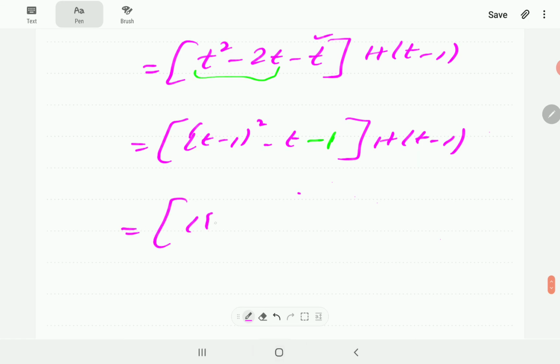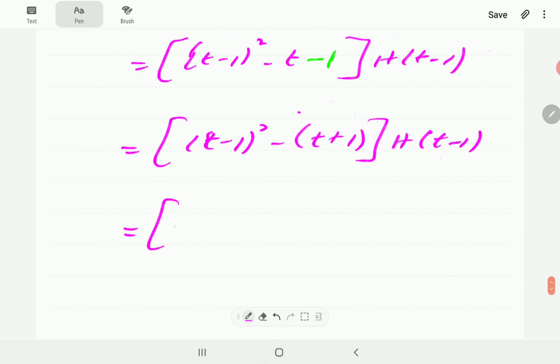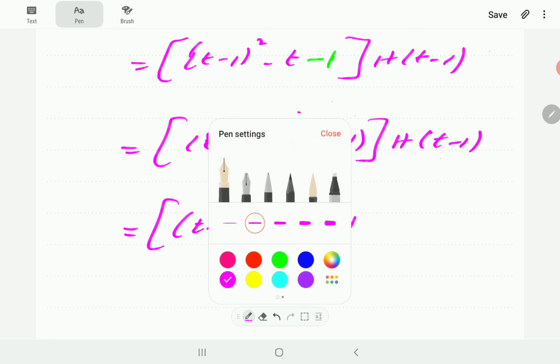Then this is going to be t minus 1 squared minus, what we can do here is we can write this as t plus 1. But then we want it to be t minus 1. So we are going to write this as t minus 1. Then the question is, what do we need to add or subtract to make this plus 1?